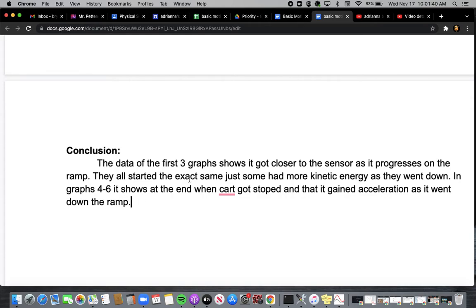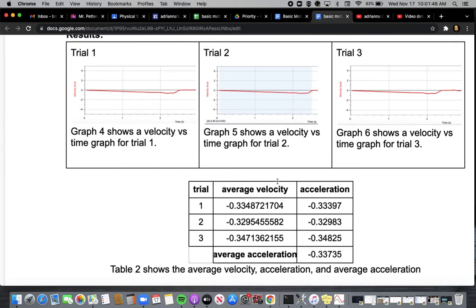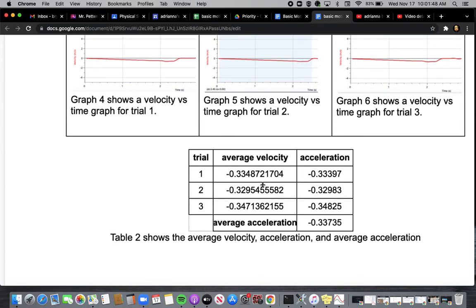Alrighty, and that explains those first 3 in just one sentence, and those second 3 graphs in that one sentence.